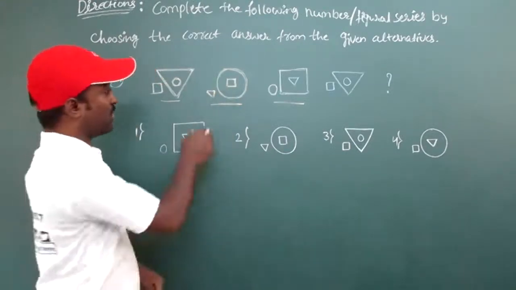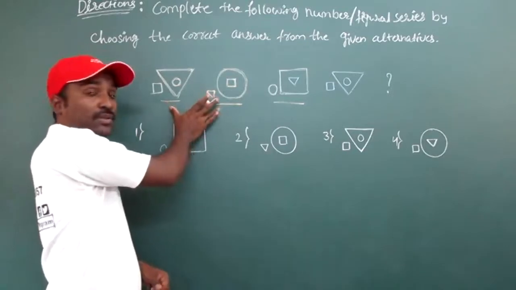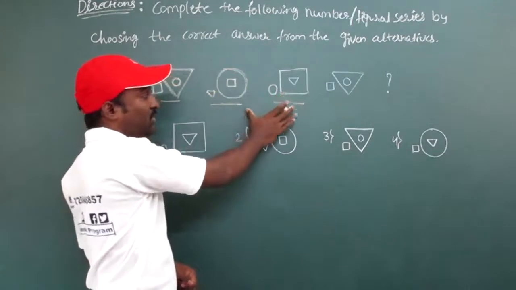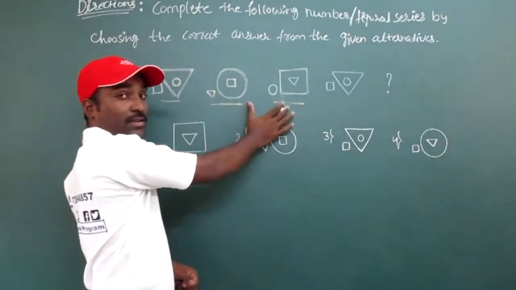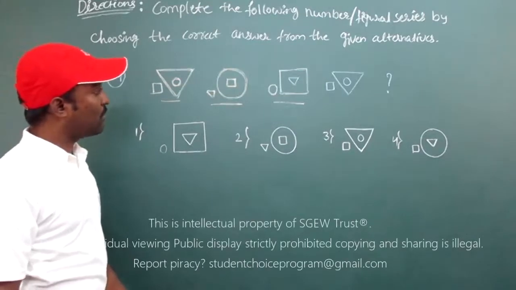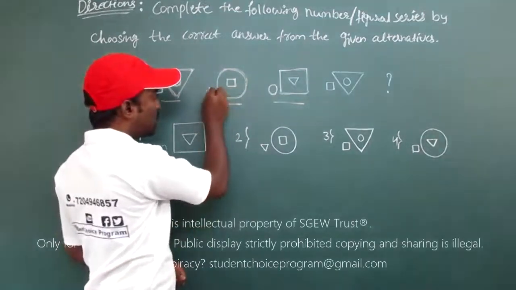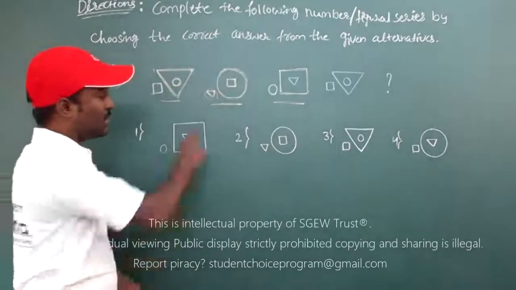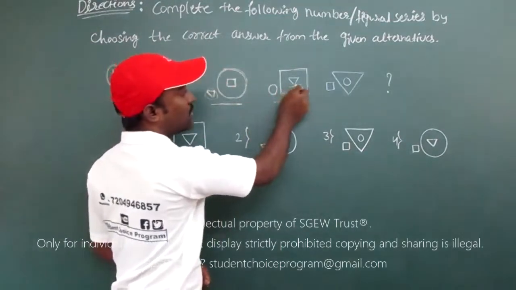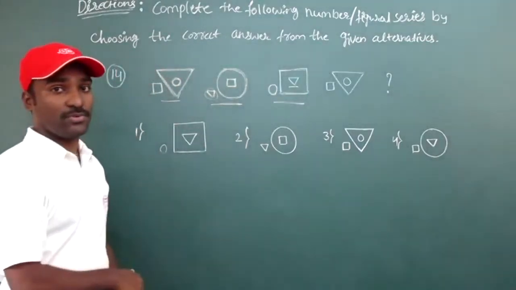The same observation that we made between these two figures, and now we are getting the same observations between these two figures, that is second and third figure. Now one more thing. This has to go inside. This has to go inside. Is it there? Yes, it is there. So this is the observation.